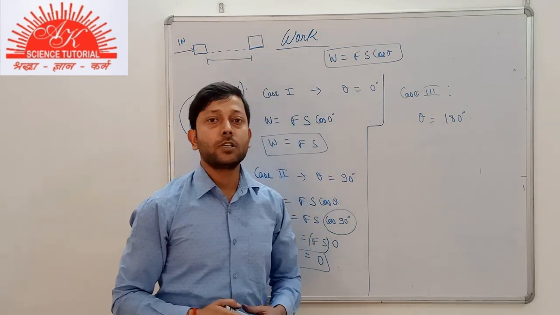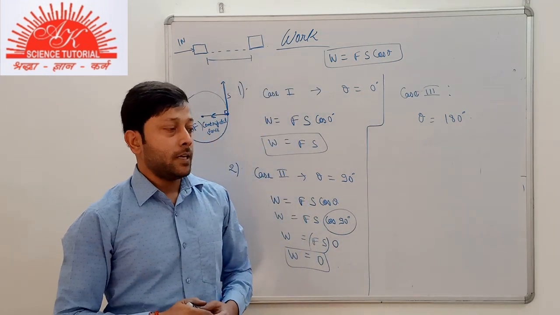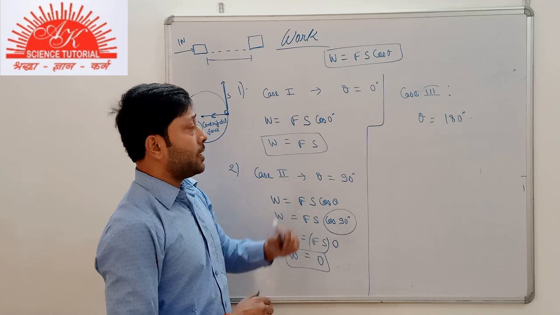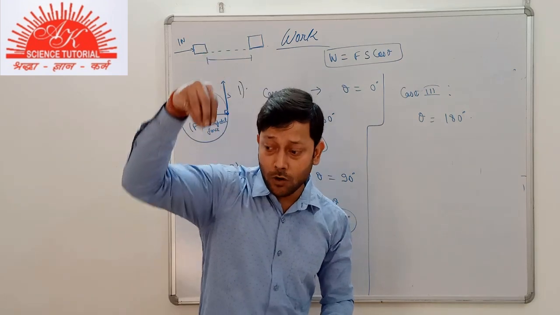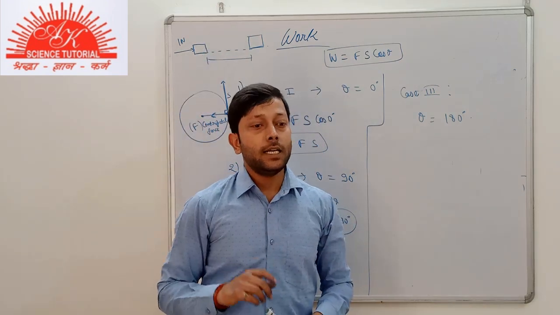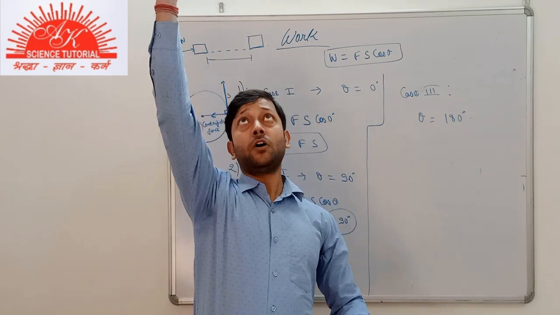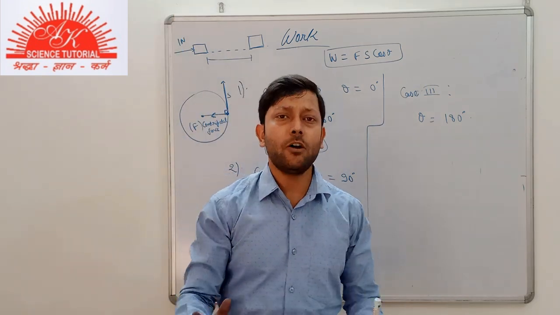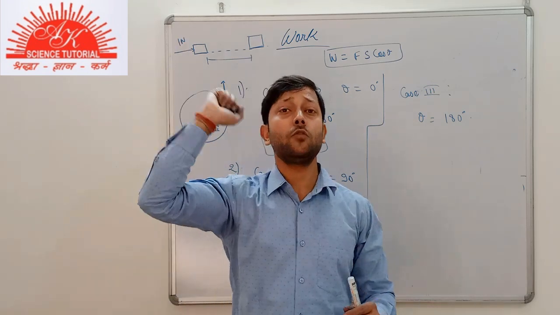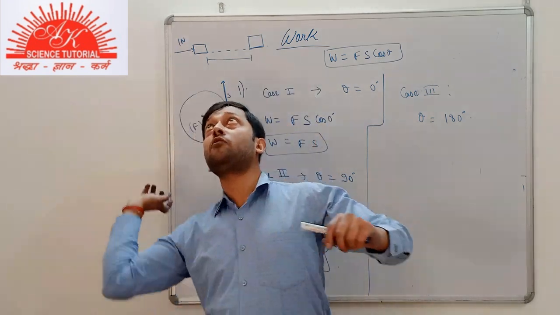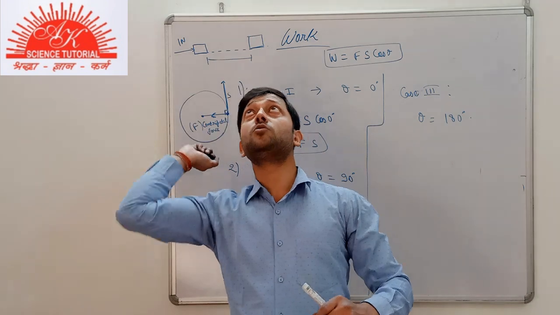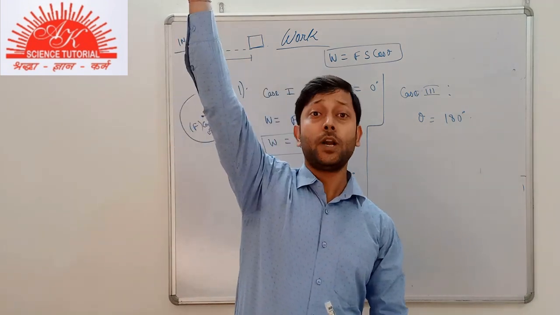Firstly, we will look at some examples, such as in case 1, we talked about the work done by force due to gravity. In the case when we throw a ball, or any object, in vertically upward direction, what do we do? We apply force in upward direction, and the ball also moves in upward direction.